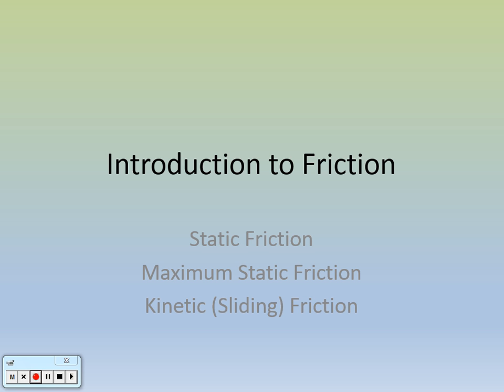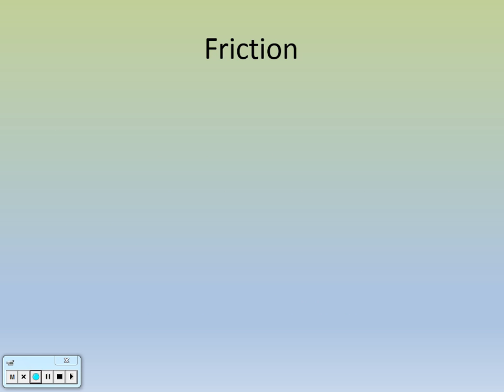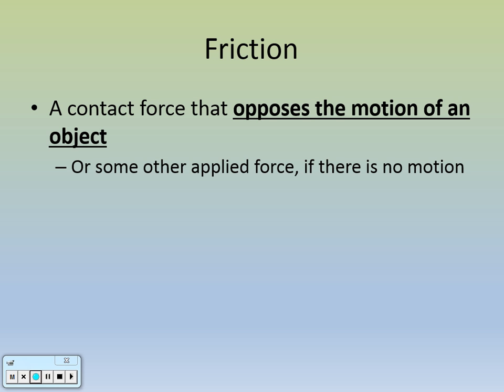One is static friction, the second is the maximum static friction, and the third is the kinetic or sliding friction. So first, let's talk about friction itself. All types of friction, no matter what we're talking about, have to oppose something.